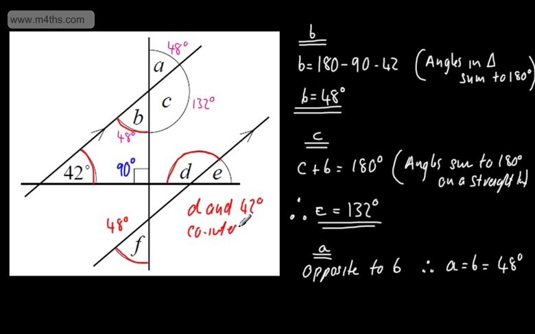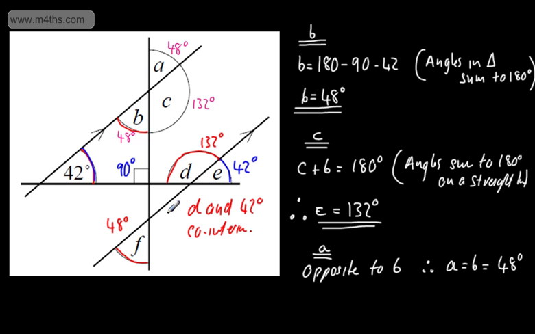So these are co-interior, and that is going to give me now an angle here of 132 degrees. So this one is 132 degrees. We could instead have said now that this angle just here, the 42 and the E, are corresponding angles, which would give me 42 degrees.